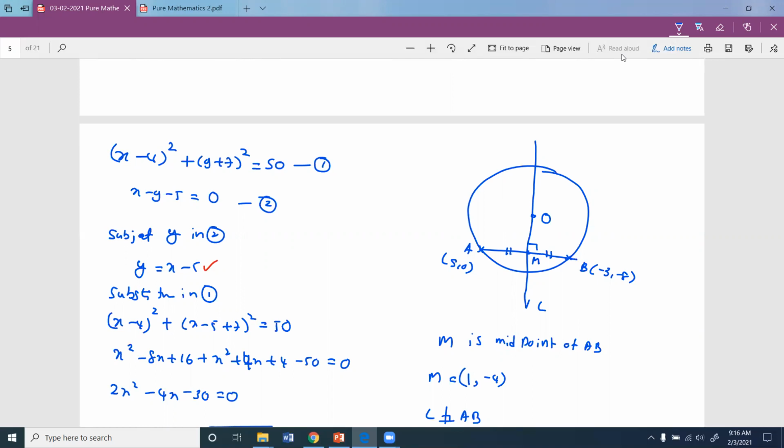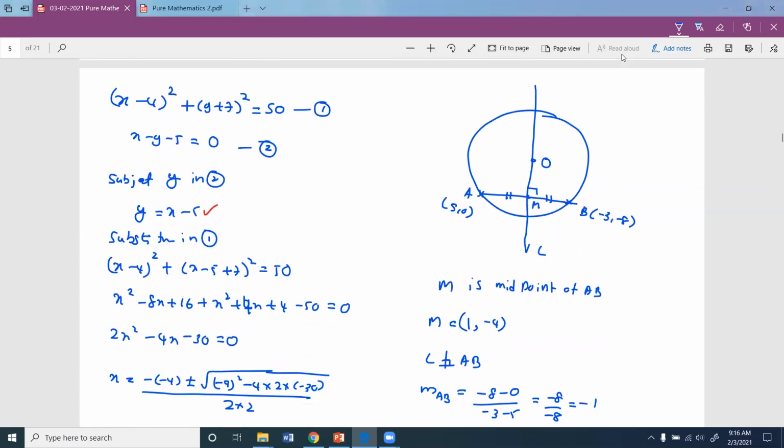(x minus 4) squared plus (y plus 7) squared equals 50. And yes, y equals x minus 5. So here it turns into (x minus 4) squared plus (x minus 5 plus 7) squared equals 50. This is 16, this is plus 2.